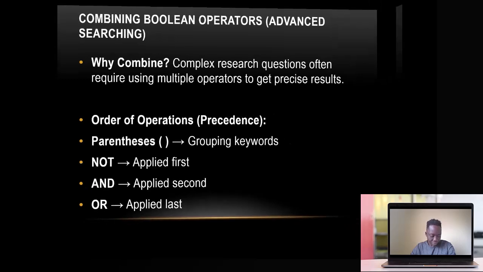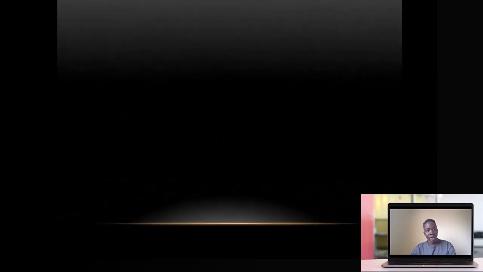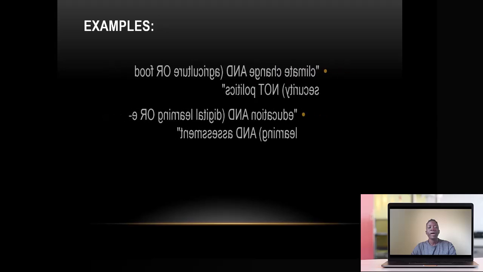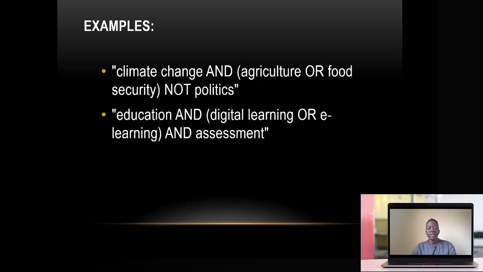So let us see an example here. Look at this. We have climate change AND (agriculture OR food security) NOT politics. Climate change, and then you open your bracket, agriculture OR food security, NOT politics.